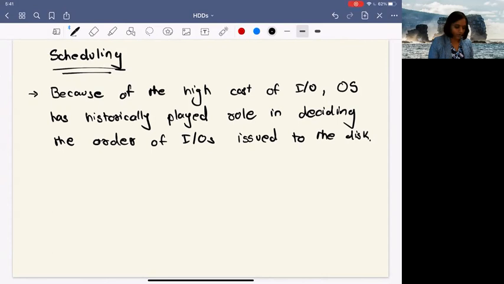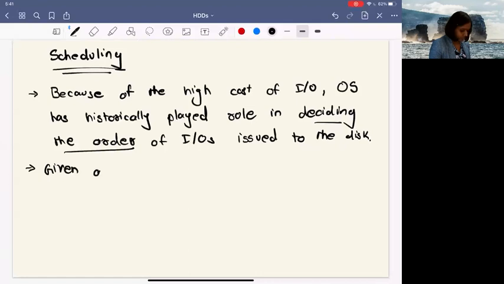And this process of deciding the order is called scheduling. Which IO should be scheduled first, or which IO should be scheduled second, third, and so on, right? We are scheduling the IOs, the order in which IOs need to be issued to the disk. That's what is called scheduling.